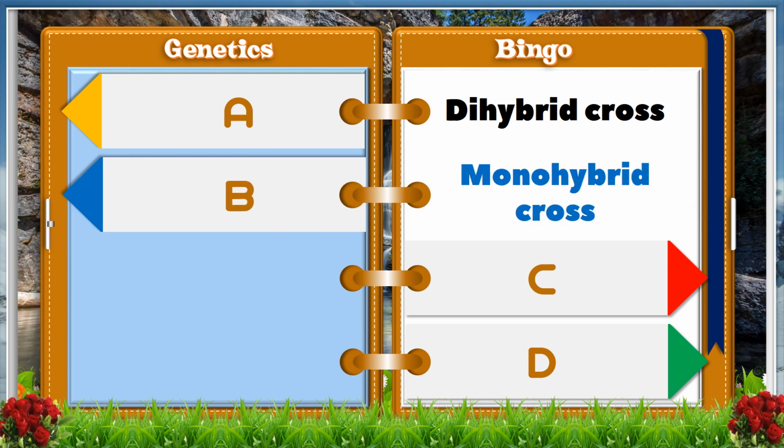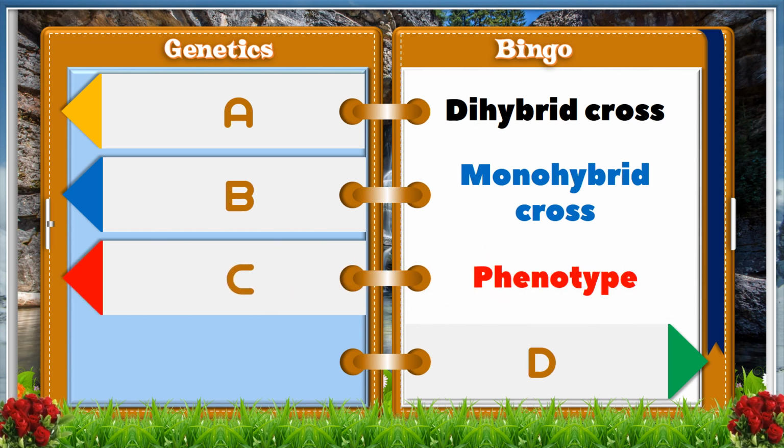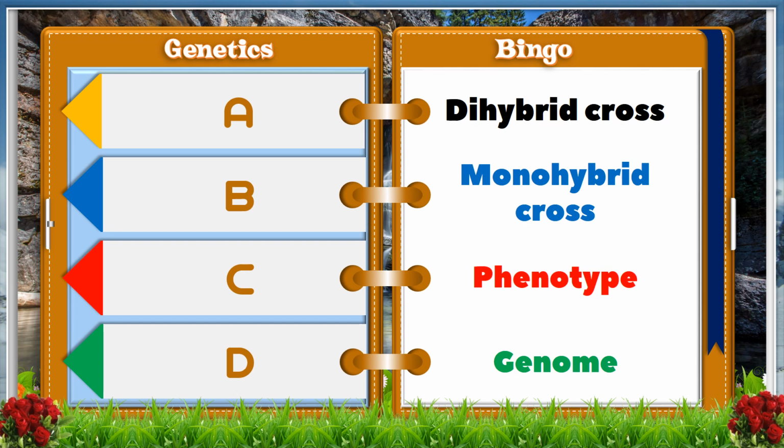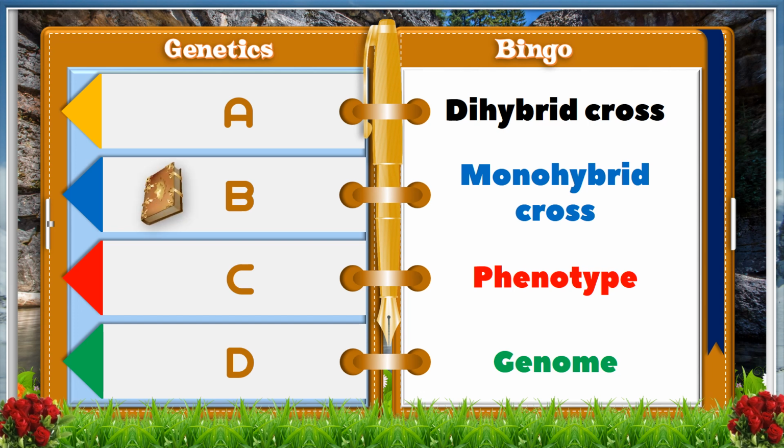B. Monohybrid cross. C. Phenotype. D. Genome. And the answer is B. Monohybrid cross.